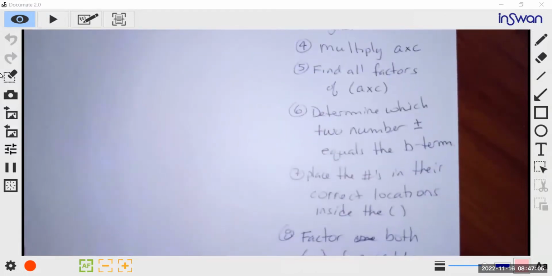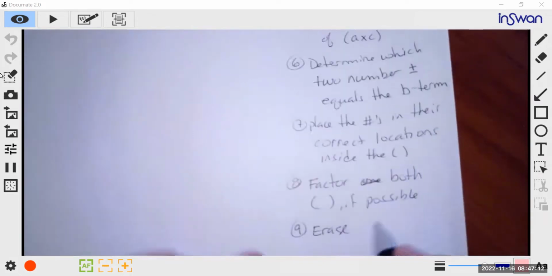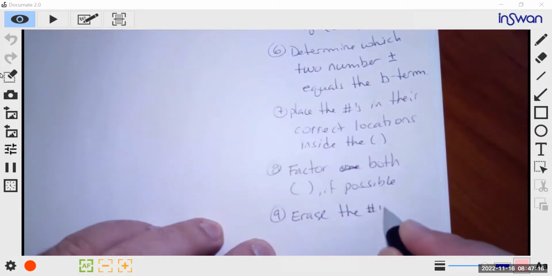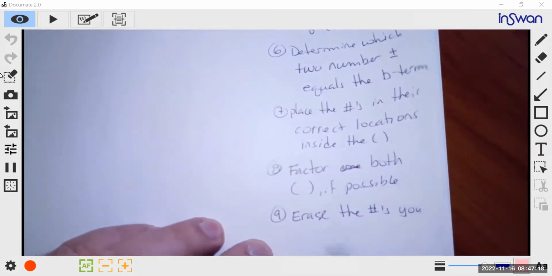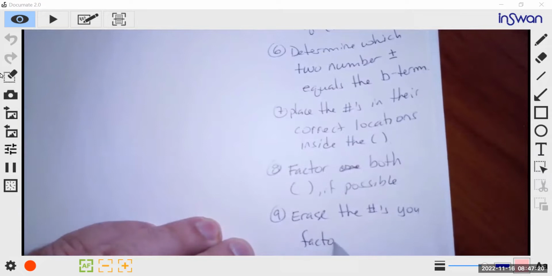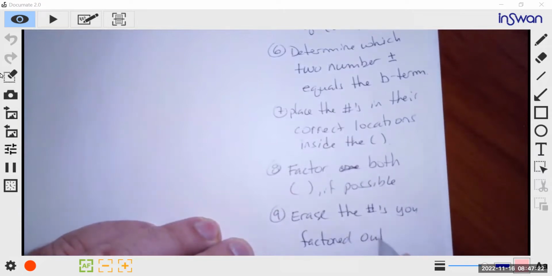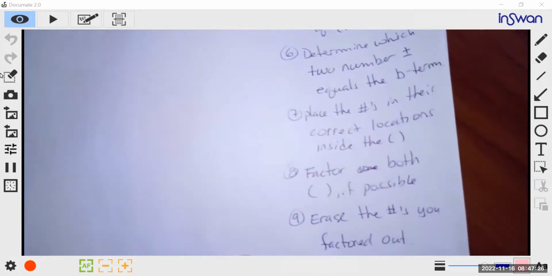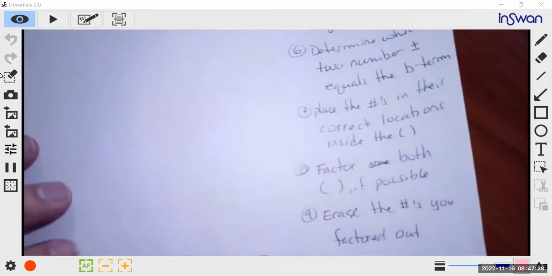Now, the last step: erase the numbers you factored out. Erase the numbers you just factored out, the common factors.